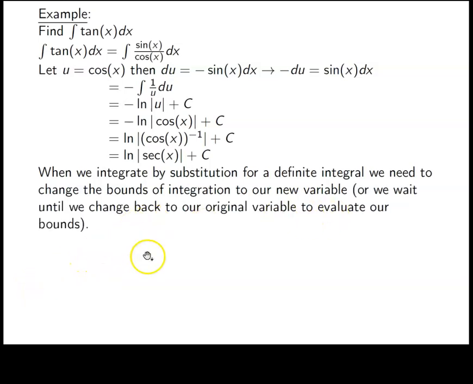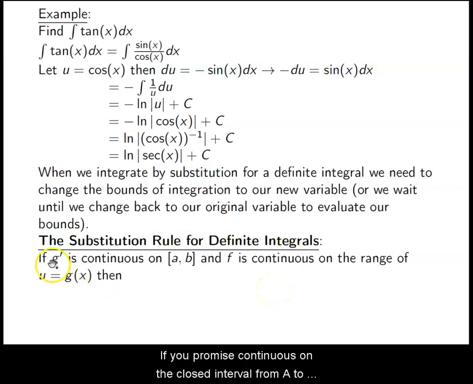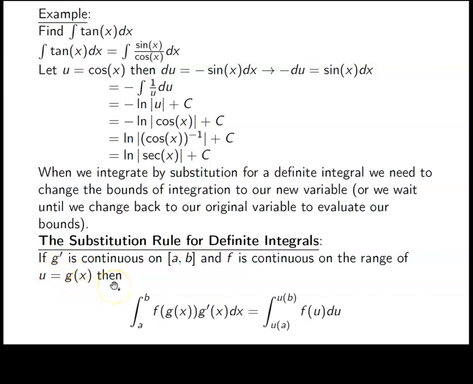Okay. So the substitution rule for definite integrals: if g prime is continuous on a closed interval from a to b, and f is continuous on the range of this substitution function that we're making, then the integral from a to b of our chain rule form is the integral from g of a, that is a being evaluated in that substitution, to g of b, my upper bound b being evaluated in the substitution function g of x, of f of u du.